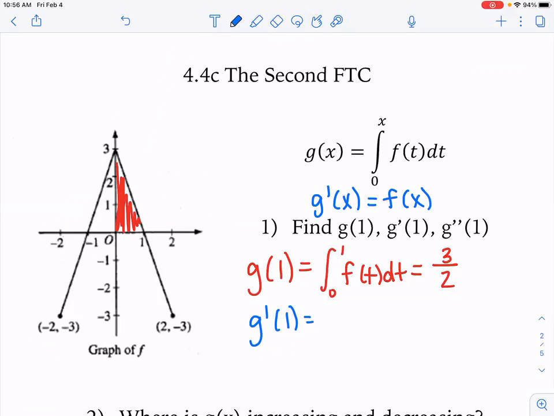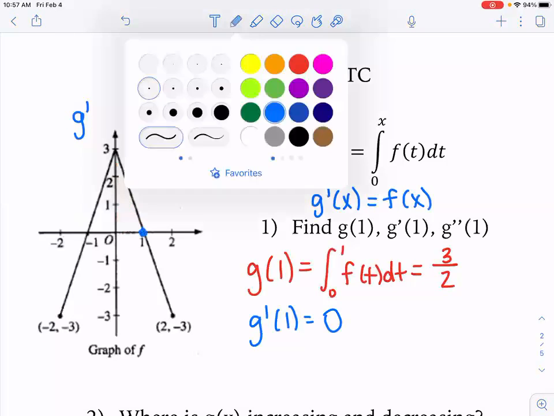This is g prime. f is g prime. So if I ask you for the derivative at 1, looking at my derivative graph, what's the value? Ooh. At x equals 1, we have a critical point. More on that soon. It's all coming together.